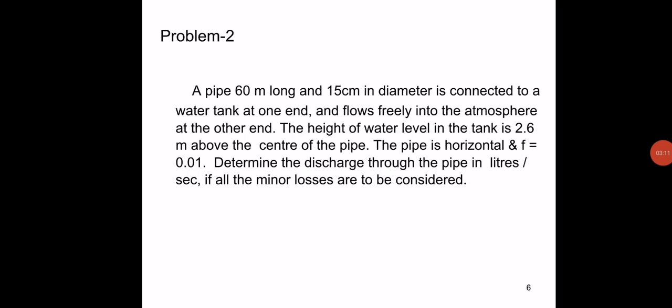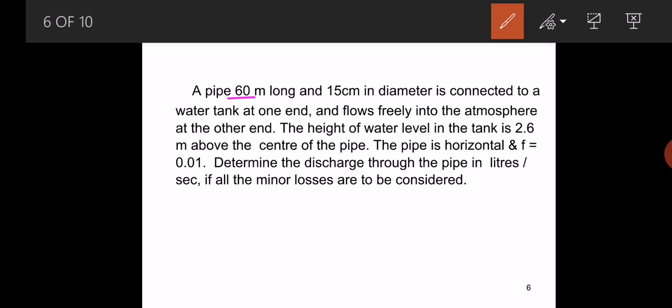Let's go for the second problem, a very important problem. A pipe 60 meters long and 15 centimeters diameter is connected to a water tank at one end and flows freely into the atmosphere at the other end. The height of water level in the tank is 2.6 meters above the center of the pipe.